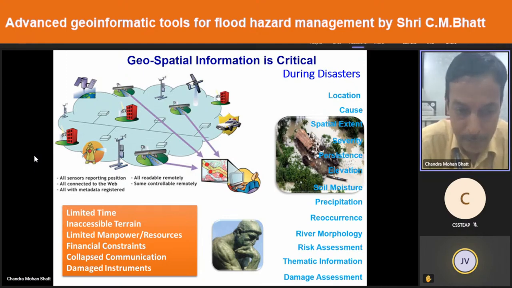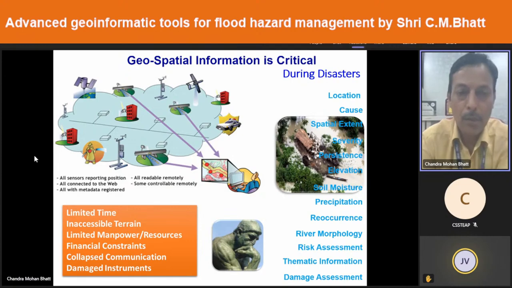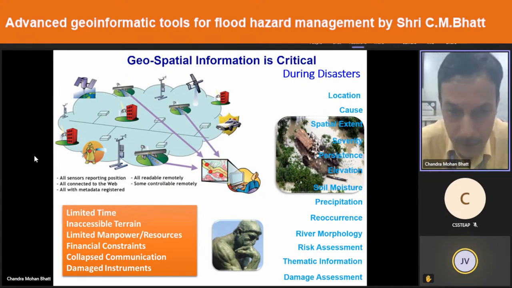And generally what happens is, because of limited time, limited resources, and financial constraints, we do not have much information on this particular phenomenon.